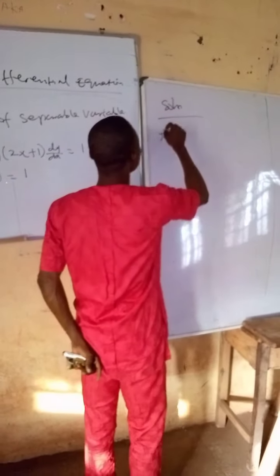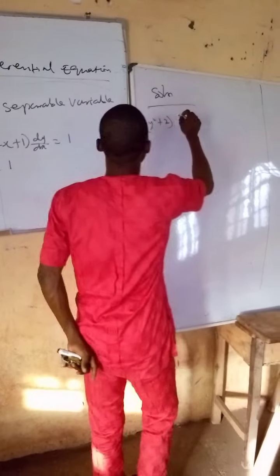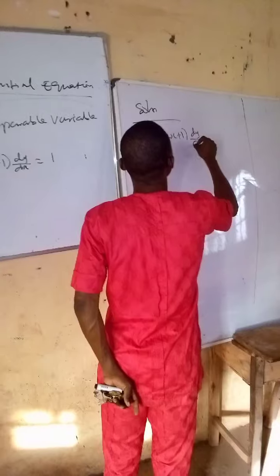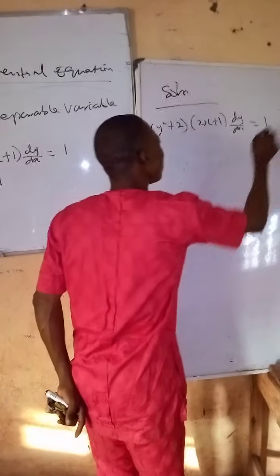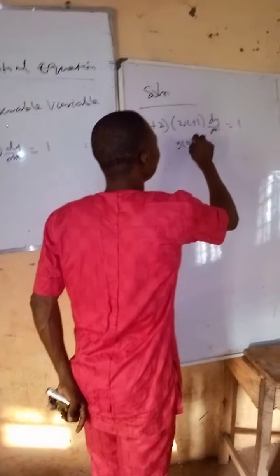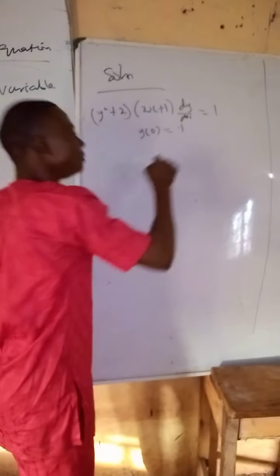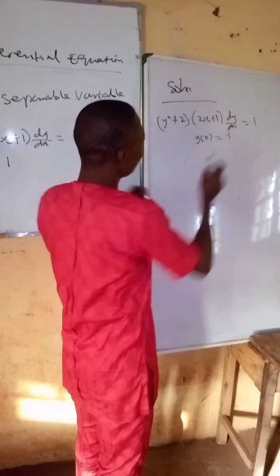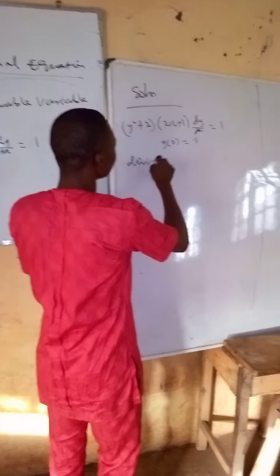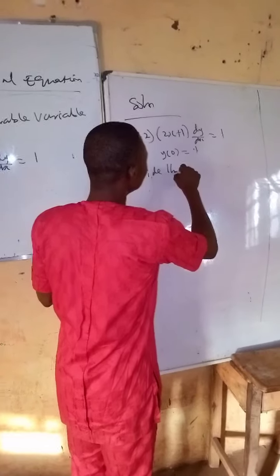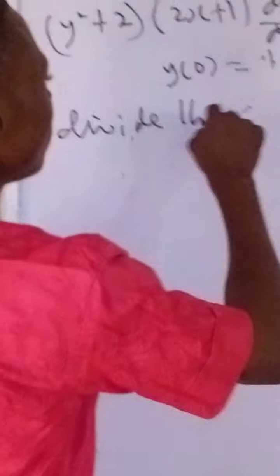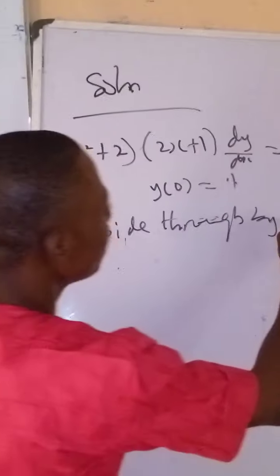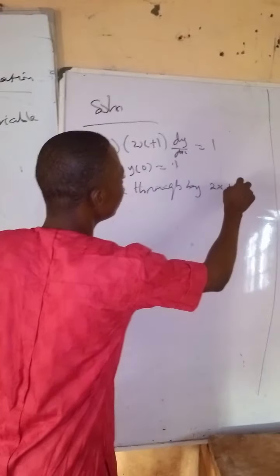Now the question says (y squared plus 2) into (2x plus 1) dy/dx equal to 1, where y(0) equals 1. Now, how do we separate it? We divide through by 2x plus 1.